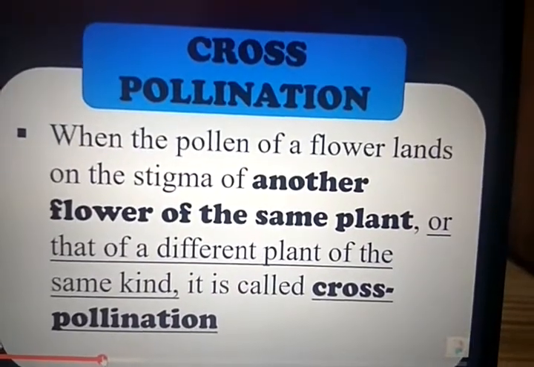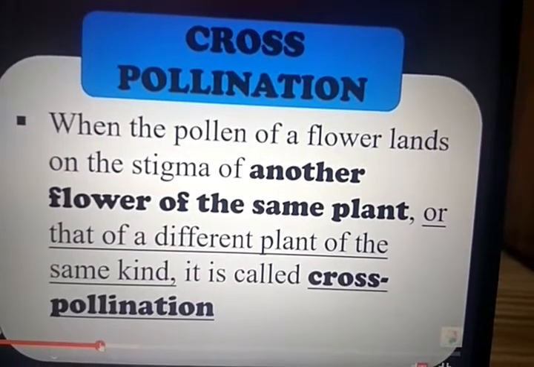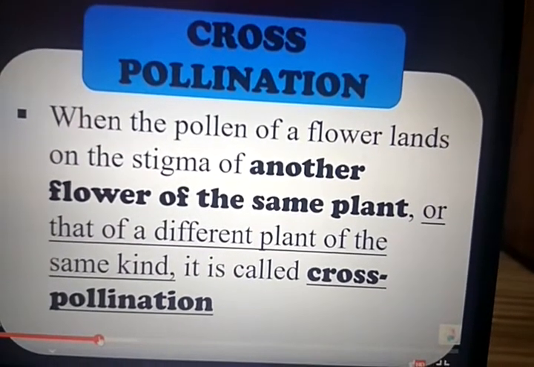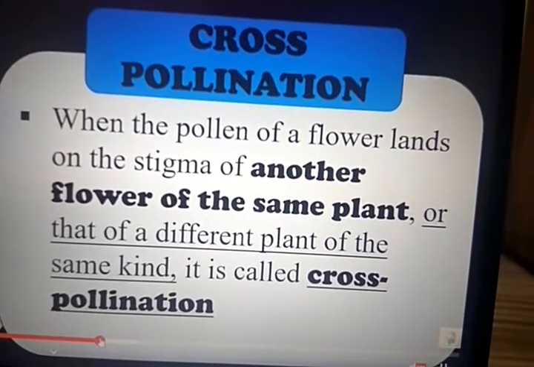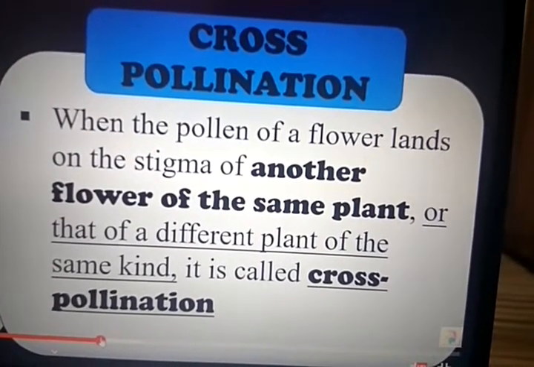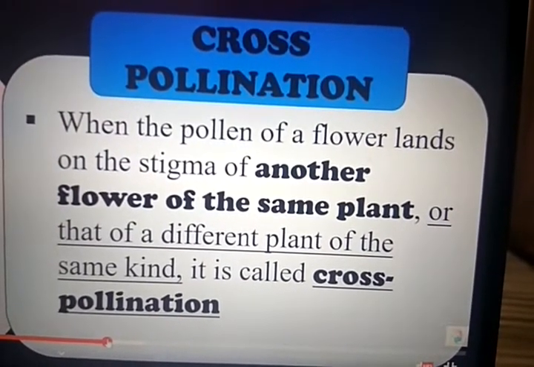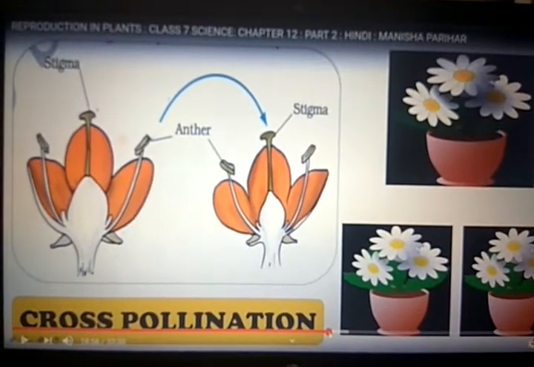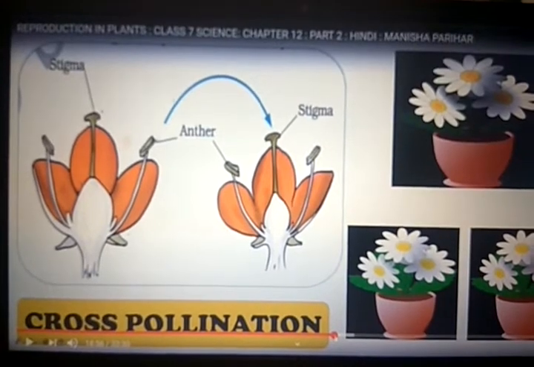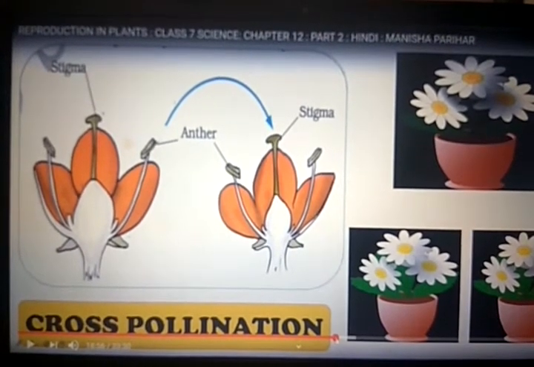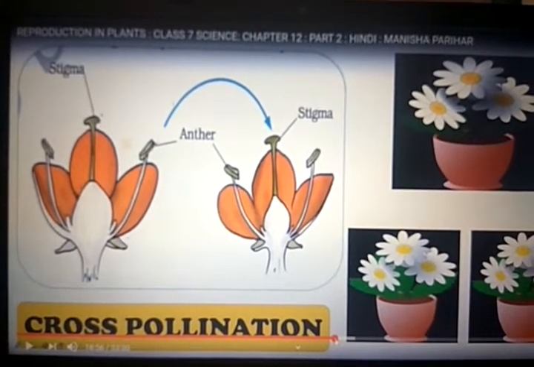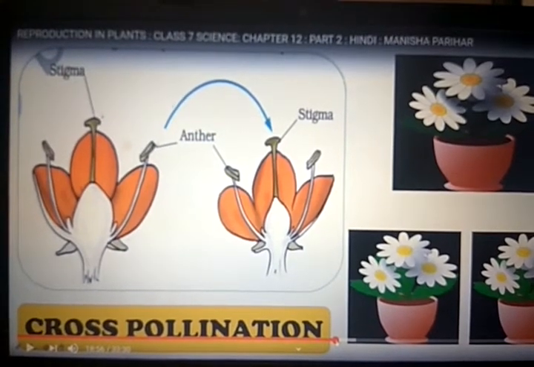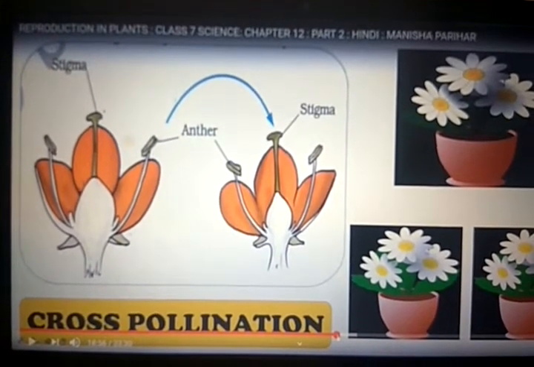Now in the case of cross pollination, when the pollen of the flower lands on the stigma of another flower of the same plant, or that of a different plant of the same kind, it is called cross pollination. Here you can find transfer from anther to the stigma of another flower, not the same flower, so it is cross pollination.